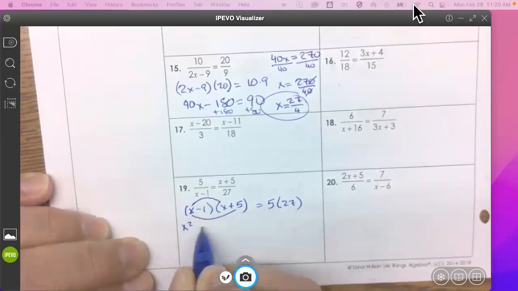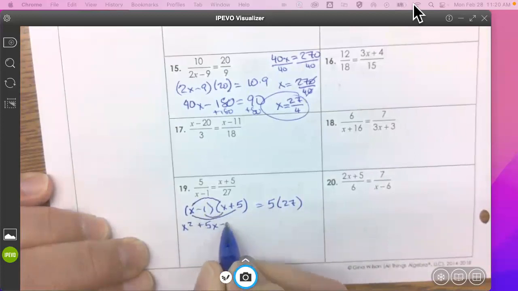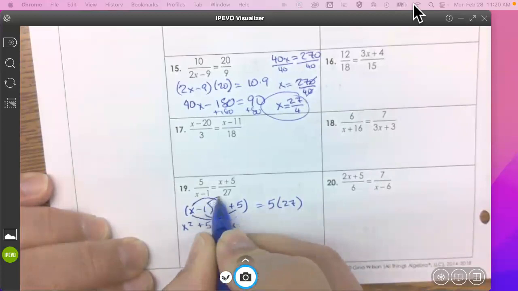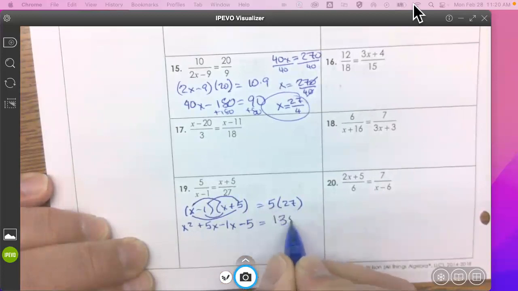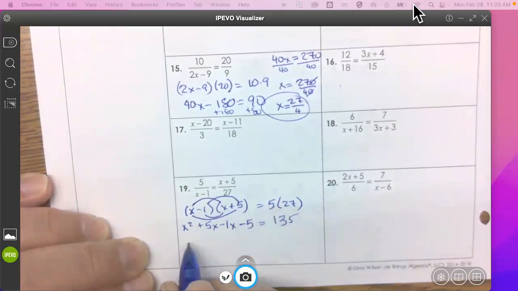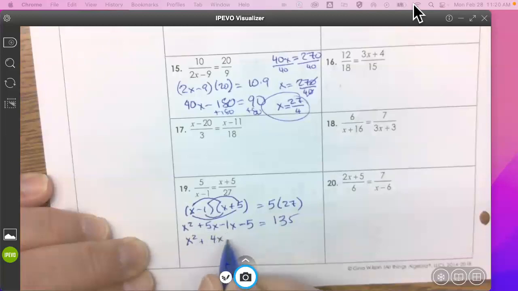The last term, 5 times x. The inner terms, minus 1 times x. And then the last terms, minus 5, equals 135. So we get x squared plus 4x minus 5 equals 135.